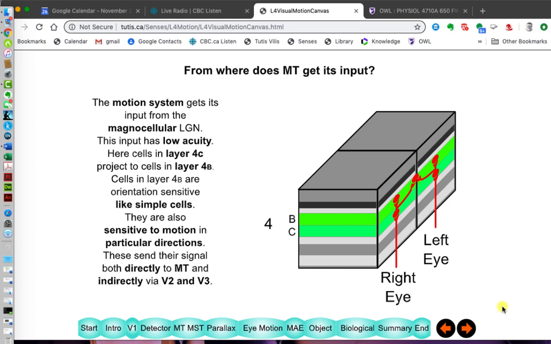In the case of motion, information again comes from layer 4C, but then it heads up to layer 4B, where it does its magic. And it then sends motion information to other regions. It sends them directly from the visual cortex to MT, and also indirectly through V2, V3, the pathways we studied last week.